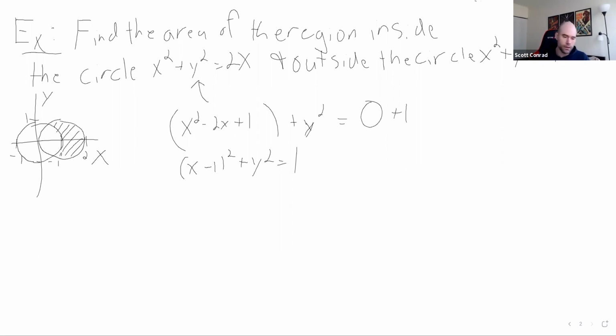Okay. So what we need to do is describe this in polar coordinates, because basically always, if you have a region in the plane bounded by circles, it's almost always easiest to do that integral in polar. First, let's call this region D and figure out what integral we need to do.